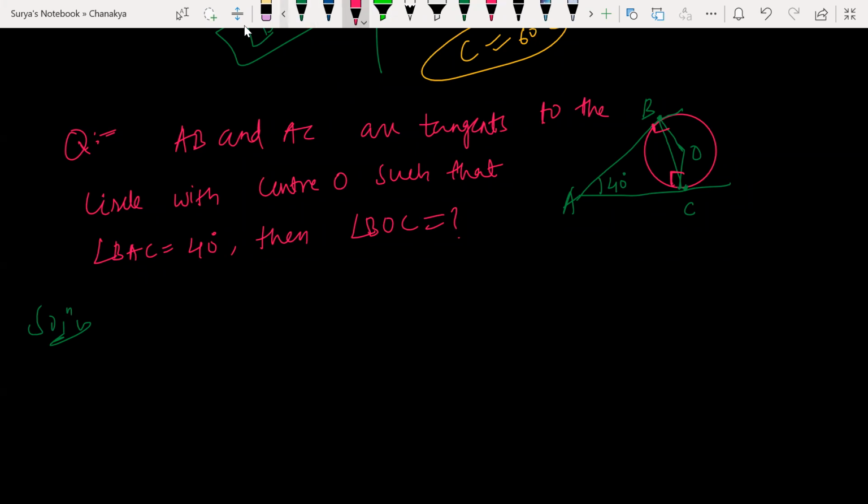Guys, look at this here. This is my quadrilateral now. Do you understand? Look, this is my quadrilateral ABOC.